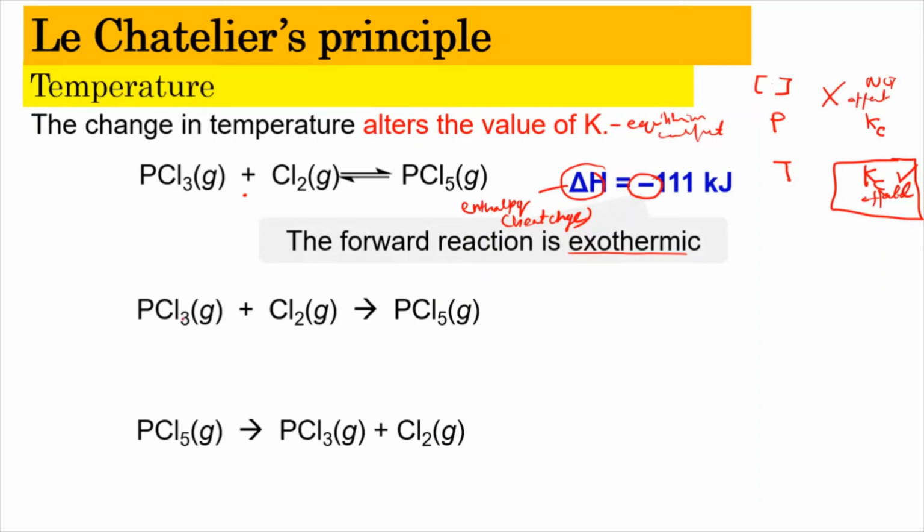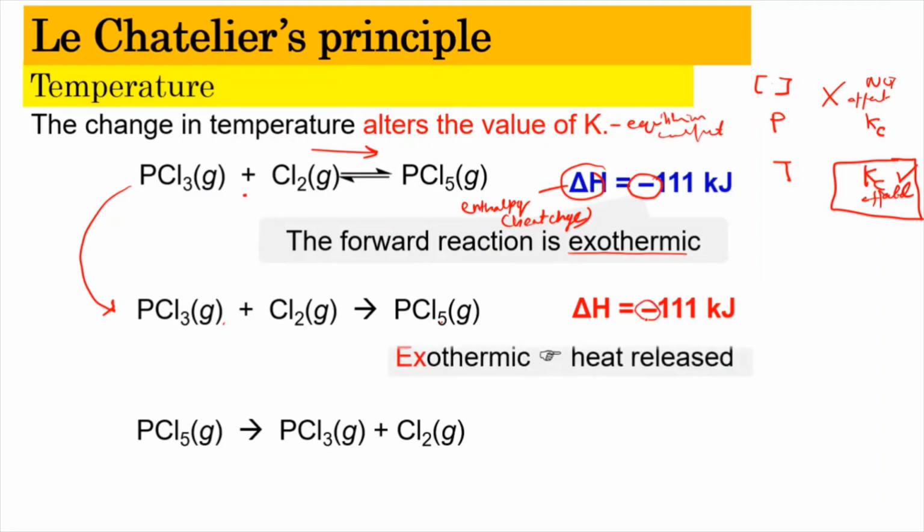So let's say I write the equation like this, reactant into the product. I know that my forward reaction has a value of delta H equal to negative 111 kilojoules. So my heat change here is a negative value.